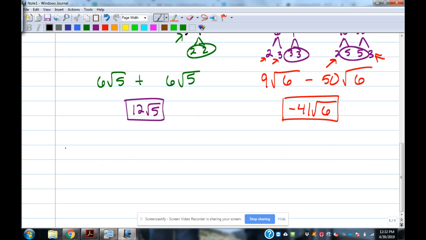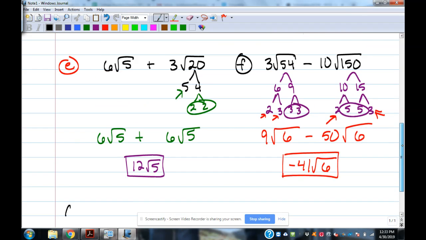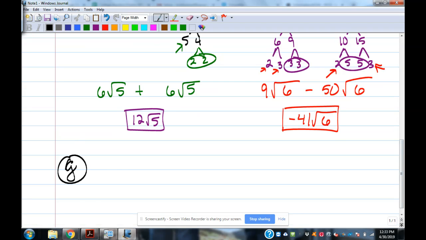Let's do, what letter are we on? G. Square root of 32 plus 6 square root of 18.